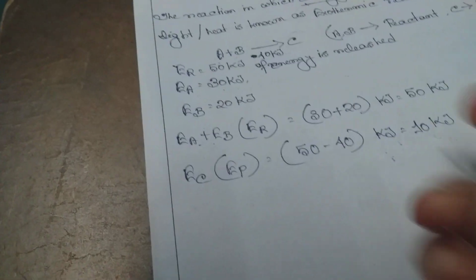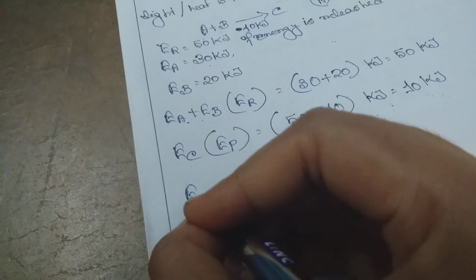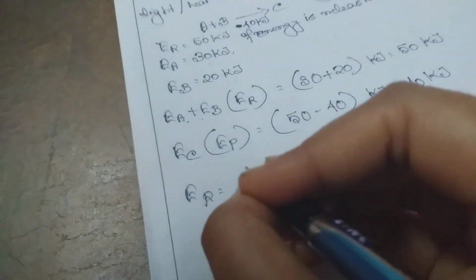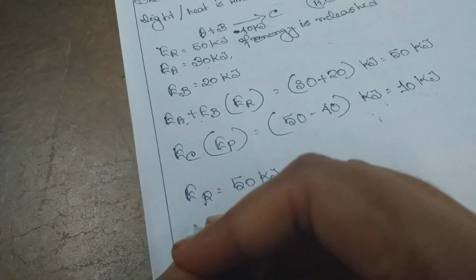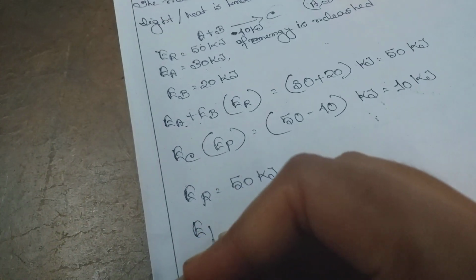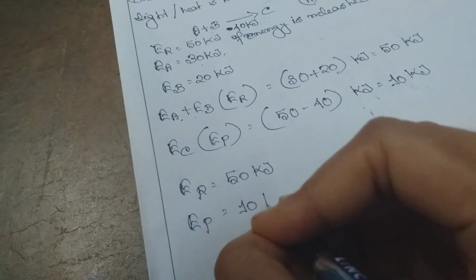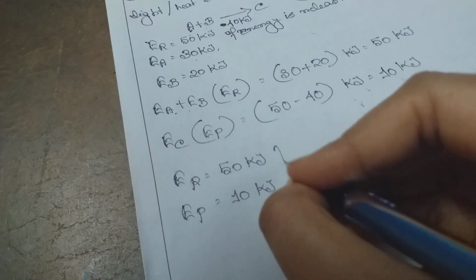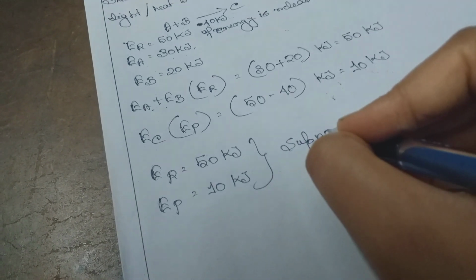From this mathematical data, we conclude energy of reactant is equal to 50 kilojoule and energy of product is equal to 10 kilojoule.